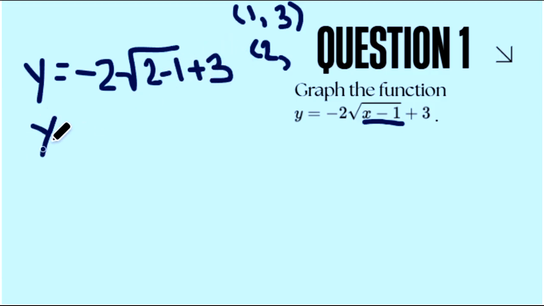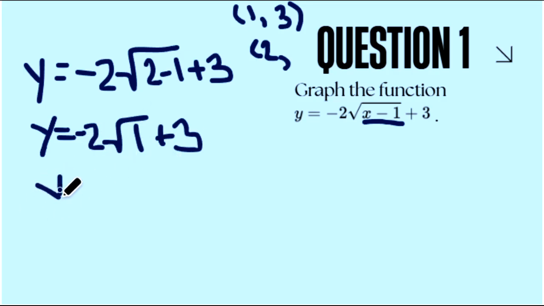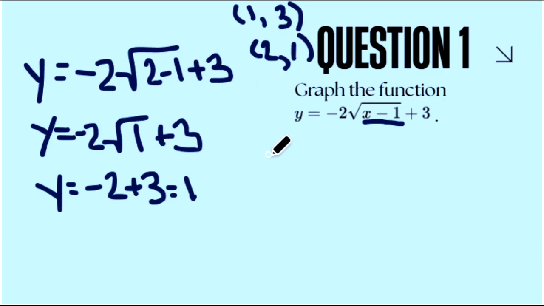So that gives us y equals negative 2 times the square root of 1, plus 3. The square root of 1 is just 1. Negative 2 times 1 is just negative 2. So we have negative 2 plus 3, which gives us a positive 1. So when x is 2, y is 1. And you would just continue this for more values like 3, 4, or 5. I don't feel like I need to do that for you.